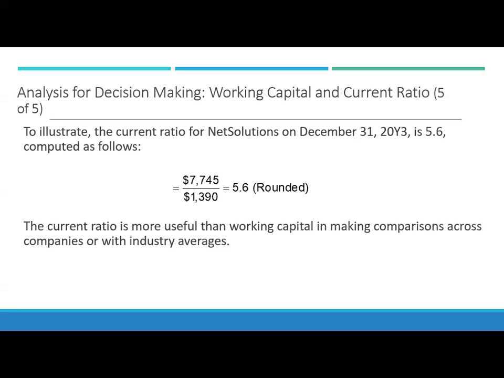There's also companies where high current ratios are extremely common. I would say especially biotech or pharmaceutical startup companies have really high current ratios and really high working capital as a percentage because they're not getting revenue, right?